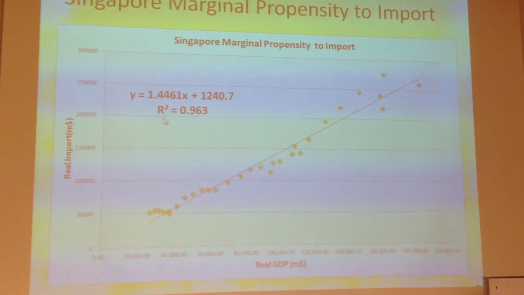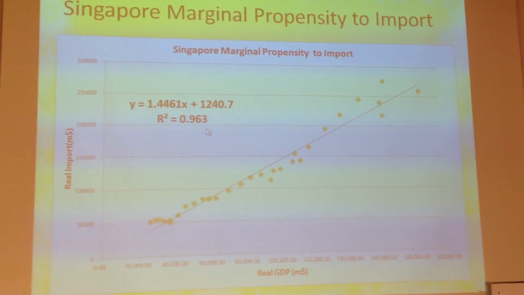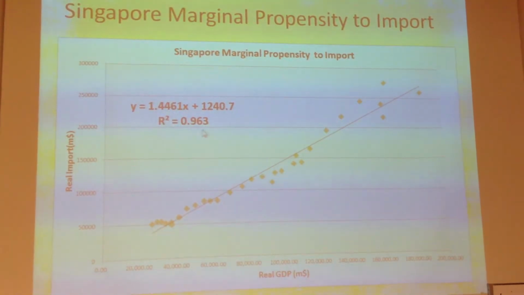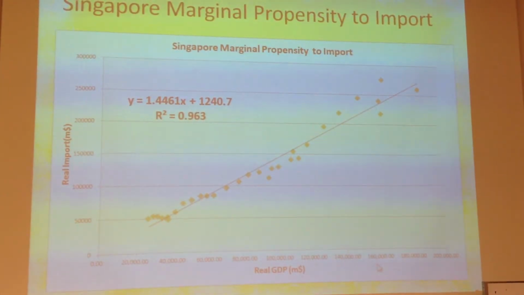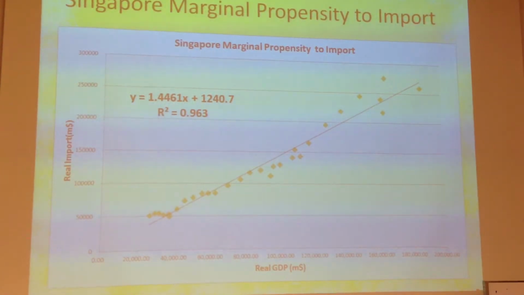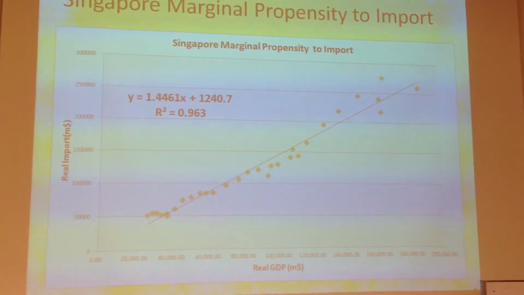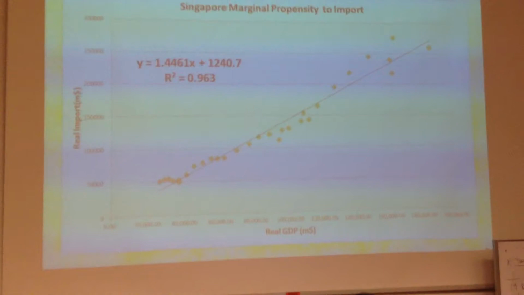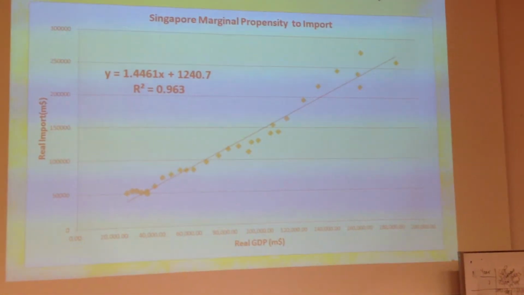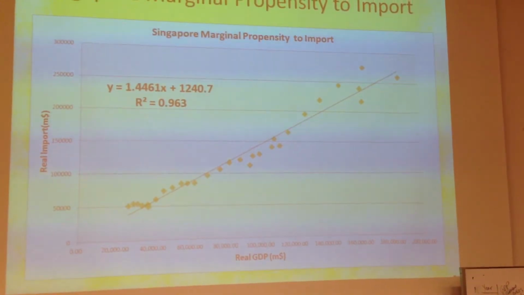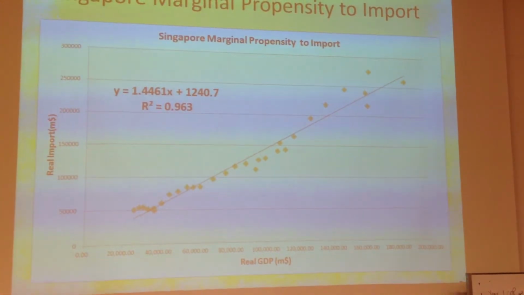But if R square is, let's say, 0.55 or 0.54, then we have to reject the hypothesis that import and GDP are positively related. That is the purpose of the R square. It is a test of the goodness of fit. I don't know whether you remember your business statistics. The R square is a test of the goodness of fit. So, that is the next one.